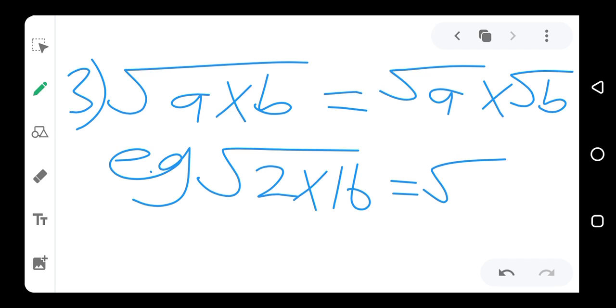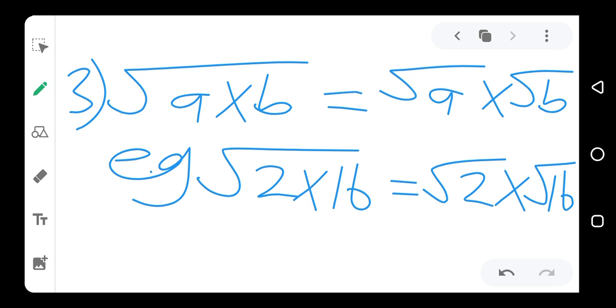We have root 2 times root 16. Now, root 16, we can find it is a perfect square. So we have root 16 is 4.